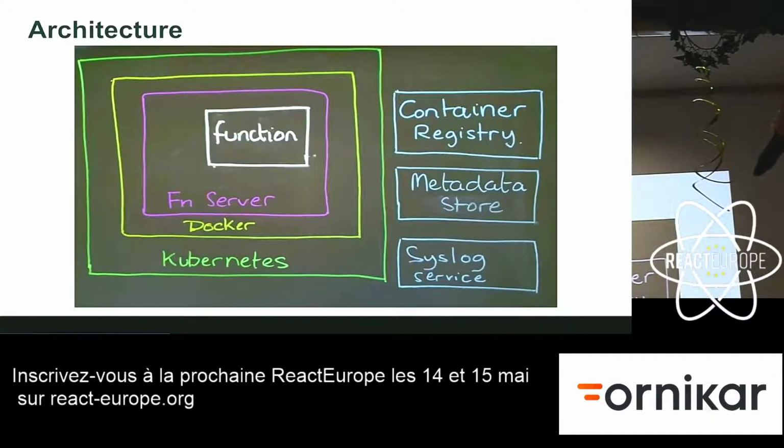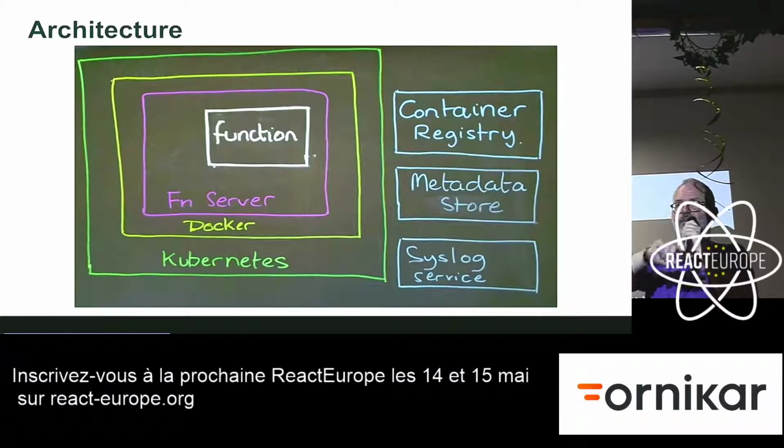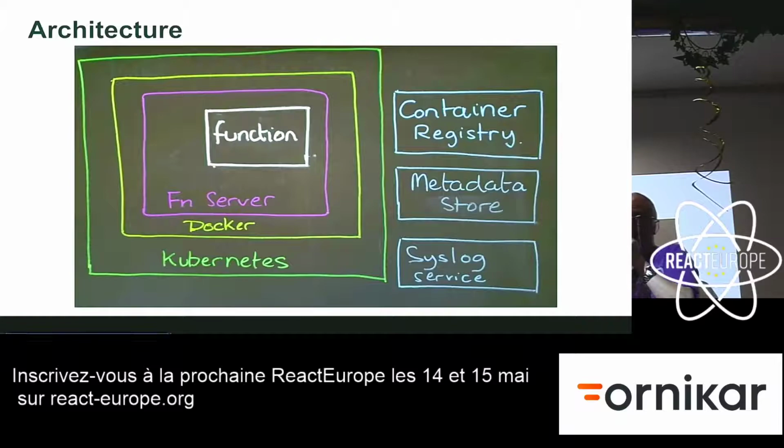The architecture looks more or less like this. In fact, the minimalist architecture is: ignore the green line. Yeah, so you can run it on your laptop. You just run fn start, or fn start -d if you want to put it in the background. It'll pop up a message saying you shouldn't do this in production because it expects to be on Kubernetes these days.